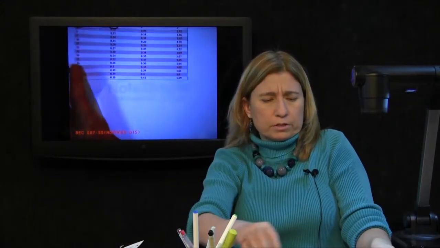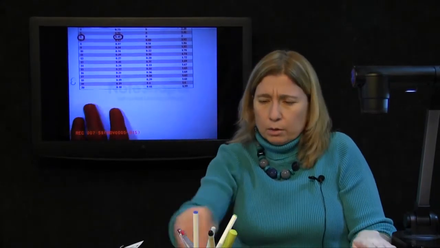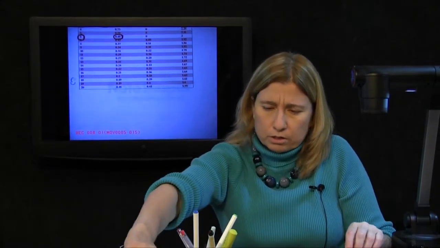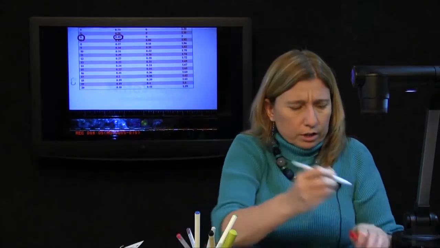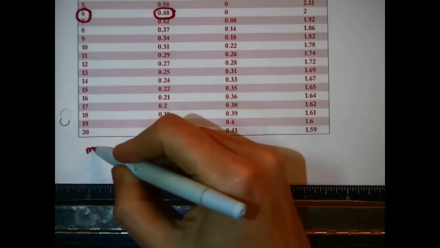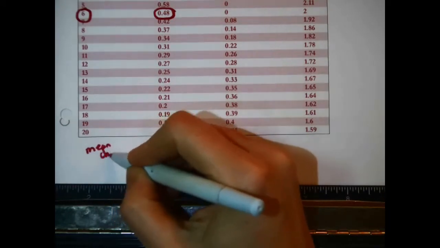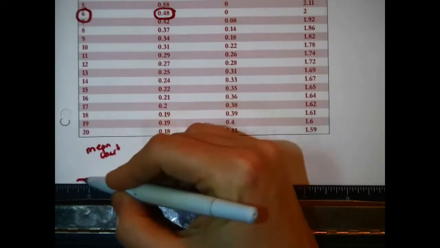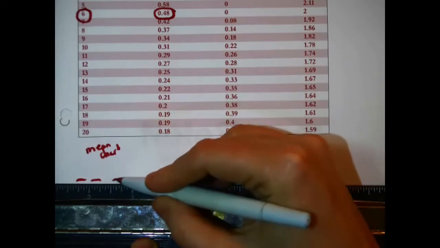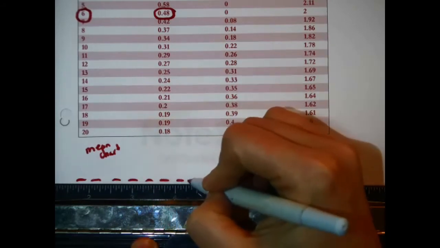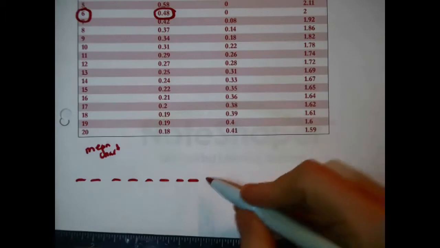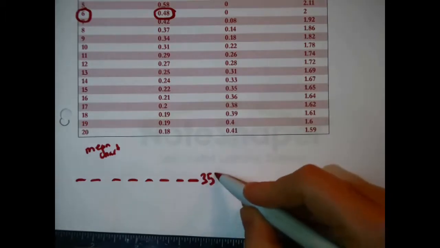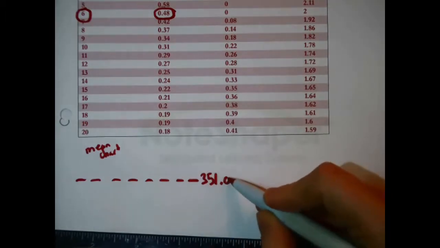There's a little bit of room here on this note frame itself, and it comes with the table bundled into the back. But there's also just some blank space here. So what would your mean chart actually look like in this case? Well, the center of the chart would be X double bar. So that's the 351.013.